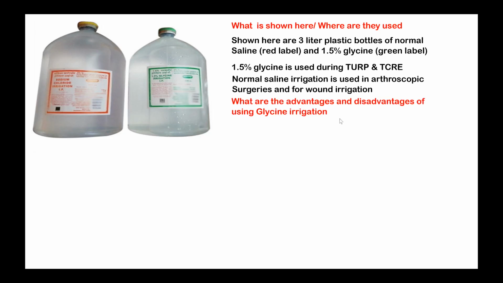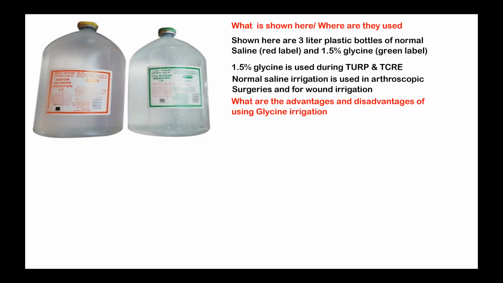What are the advantages and disadvantages of glycine irrigation? Sir, disadvantage would be dilutional hyponatremia, sir. TURP syndrome can be affected.